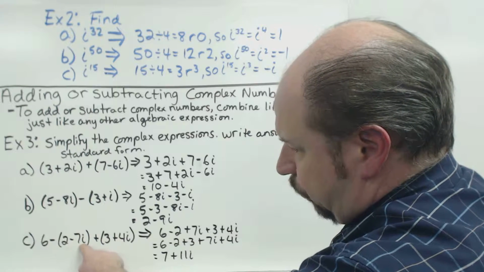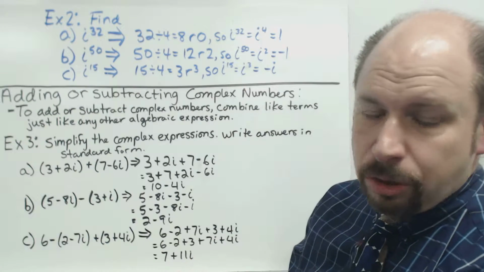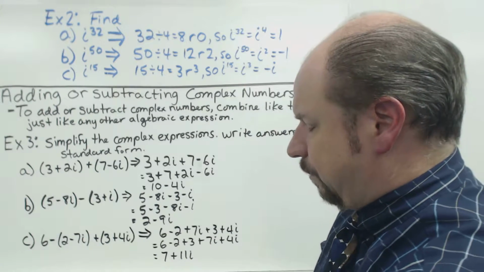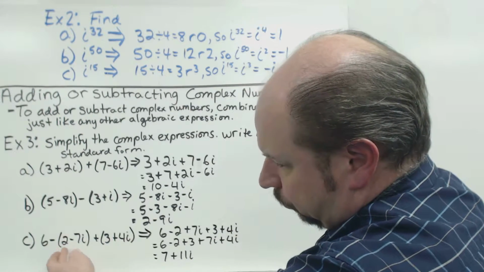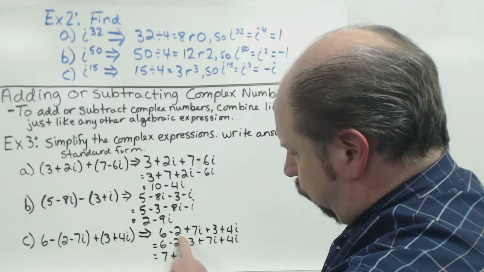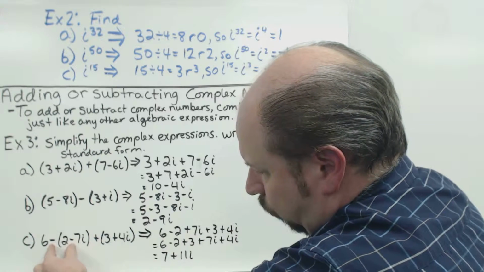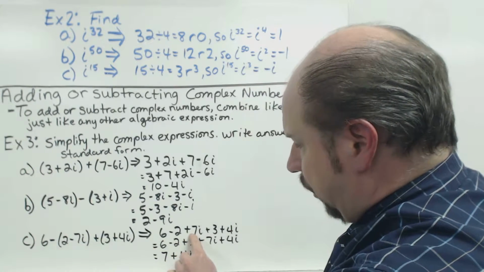Okay, next one. 6 - (2 - 7i) + (3 + 4i). So again, just a little longer problem, but it really is the same sort of idea. We're just going to distribute the negative 1 here. So 6 - 2, and then negative 1 times negative 7 is plus 7i.